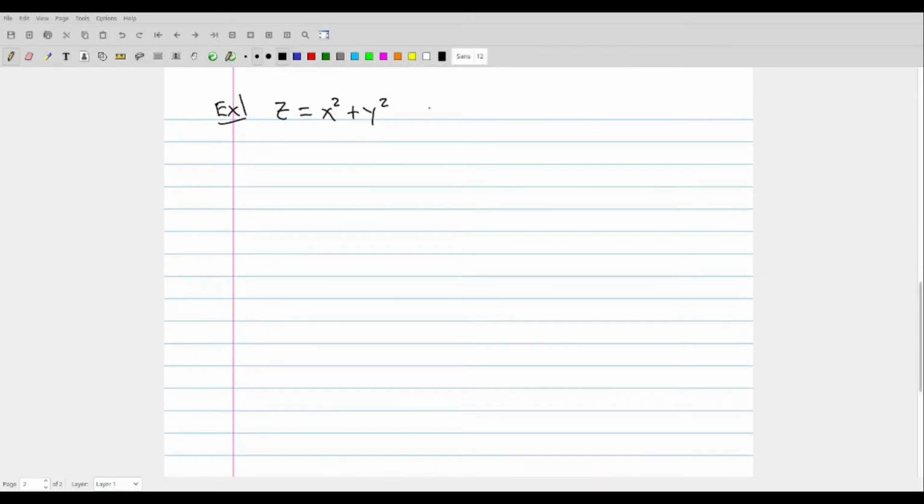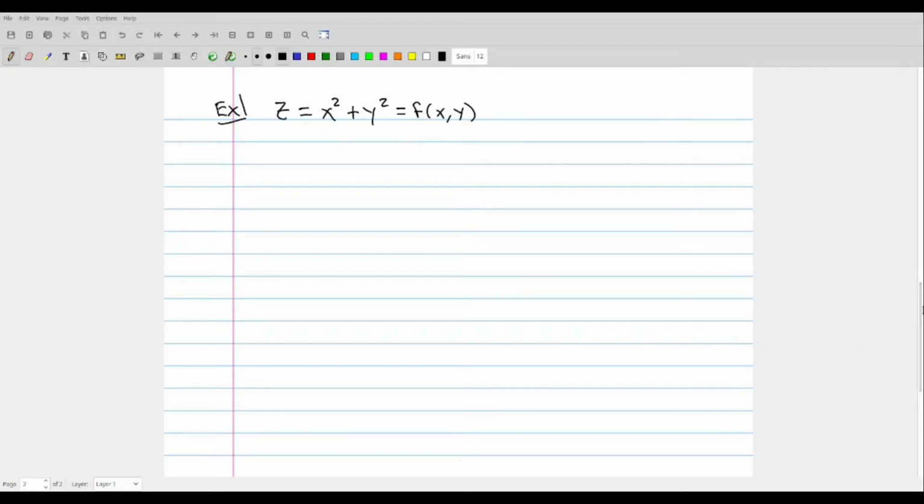Now if you type this into GeoGebra, it'll give you the surface represented by this relationship. This relationship is saying that we want all points x, y, and z, where z is equal to the function x squared plus y squared. So f of x, y here is the function of two variables, x squared plus y squared.